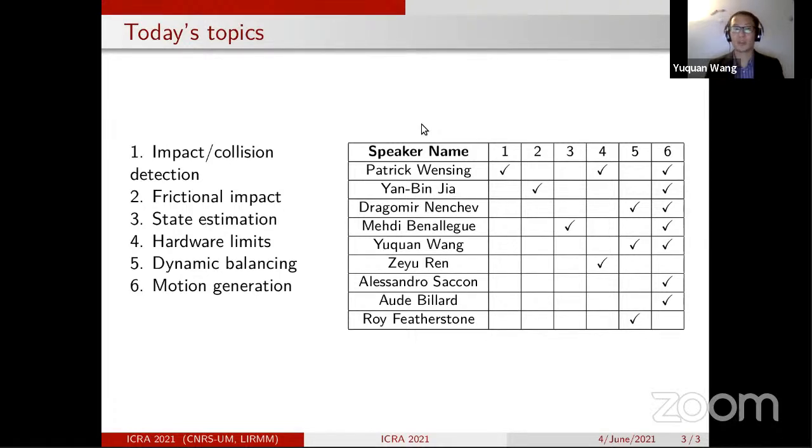And Yan Bin is going to present his recent achievement with the frictional impact dynamics using a batting object example. The state estimation for floating-base robots is important for control and difficult to handle. Mehdi is going to talk about it.